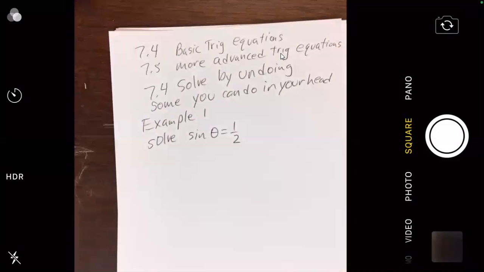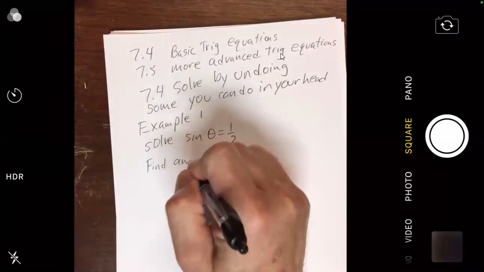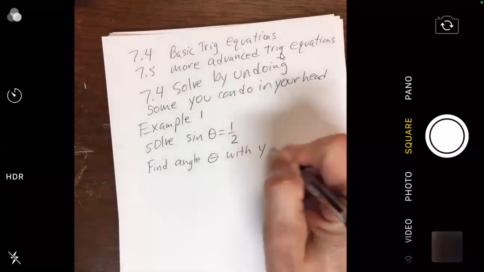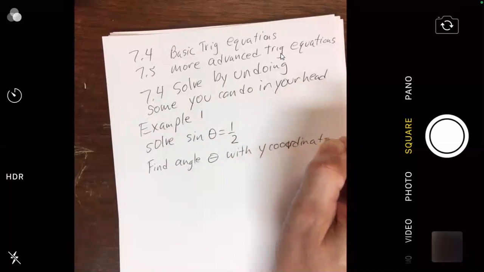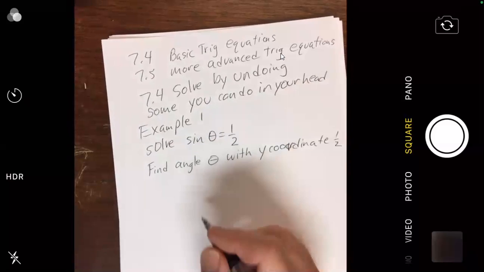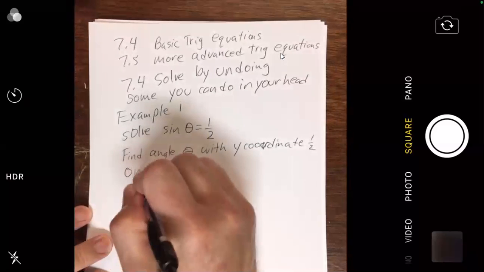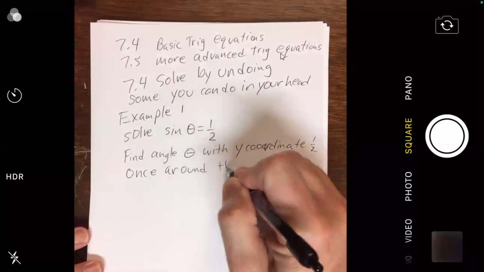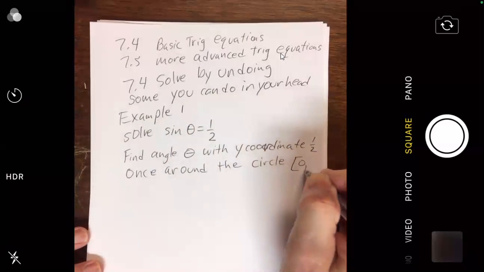All right, you're basically finding the angle theta with y coordinate 1/2. And usually we think once around the circle, basically 0 to 2 pi.